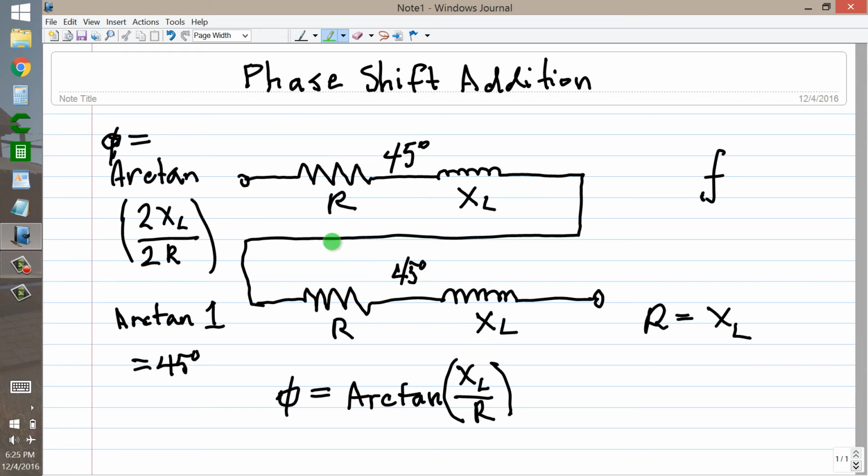You have to find the net inductive reactance or capacitive reactance and the net resistance of the whole circuit, and then take the arctangent of that ratio to get the phase shift that you will end up with when you send a signal through the entire circuit. Phase shifts do not add like regular numbers do.